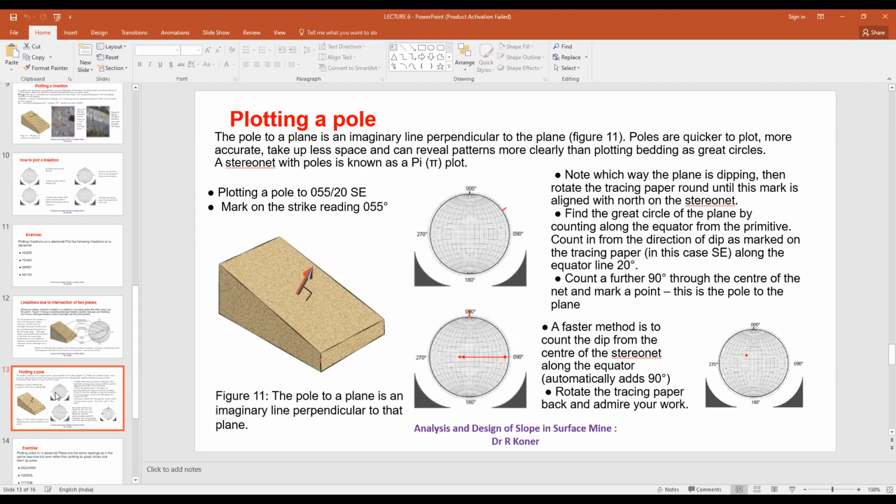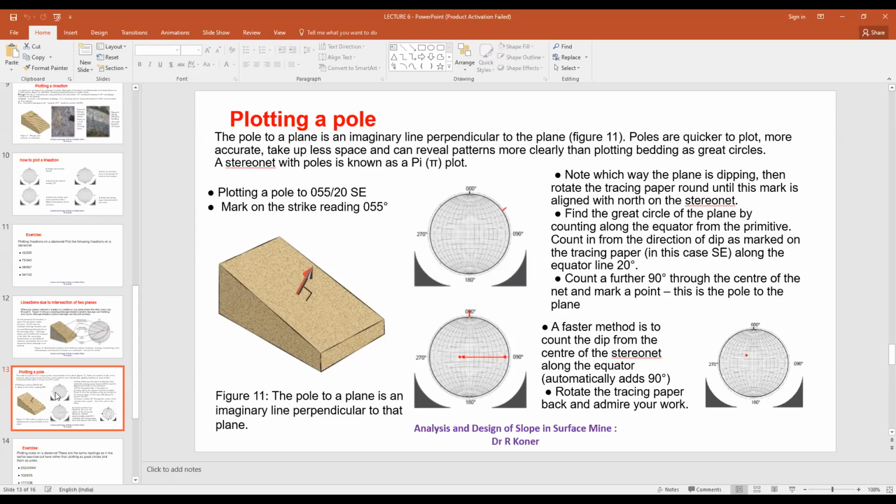So what do we do? To adjust this, we plot poles. Instead of plotting a great circle, we plot the pole. The same pole will be representative of the plane.